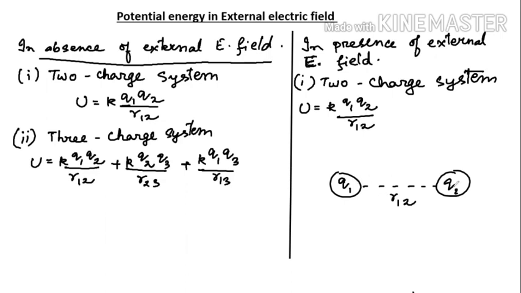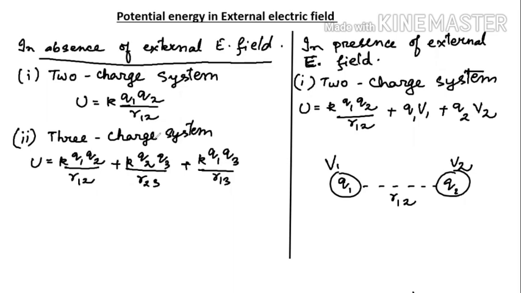Since Q1 and Q2 were located at different positions, at this position, due to this external electric field, we'll have a potential V1, and due to this external electric field, we'll have another potential at charge Q2. So due to potential V1, extra work done will be Q1 V1, and due to potential V2, you will have another extra work done, which is Q2 V2.